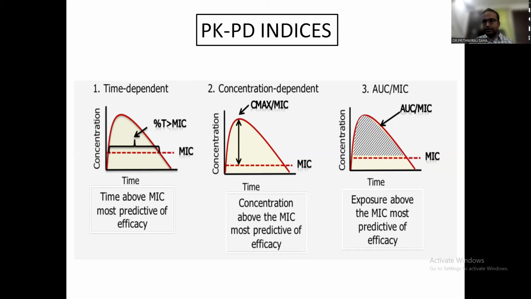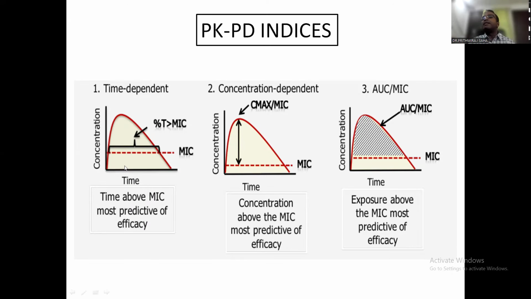the MIC, right? So if we are giving 8 hourly meropenem and we say ki 50% time the drug was above MIC, that means for 4 hours the meropenem was above MIC, right? So this is what time dependent drug means. So we will be coming to kisko kitna percent chahiye, who all are time dependent, right? So clear the concept.